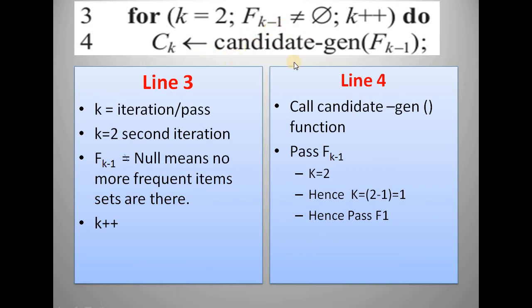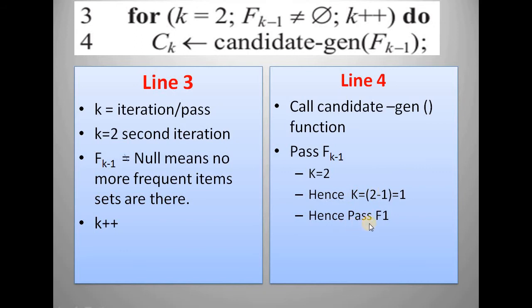Line 4 shows we are calling a function, the candidate generation function, which creates the candidates for Ck. I am passing a value to the function, that is F(k-1). Here the value of K is 2, so F(k-1) means F1, the value of K equal to 1.